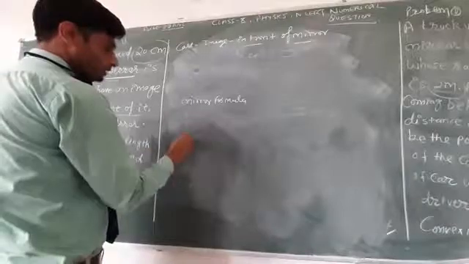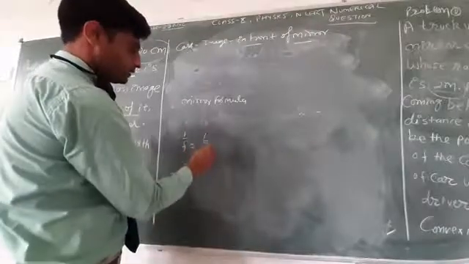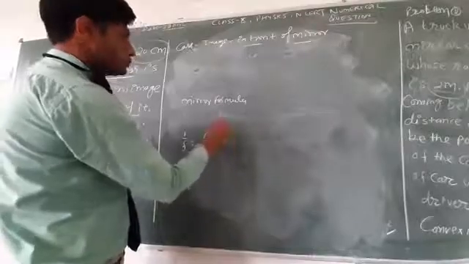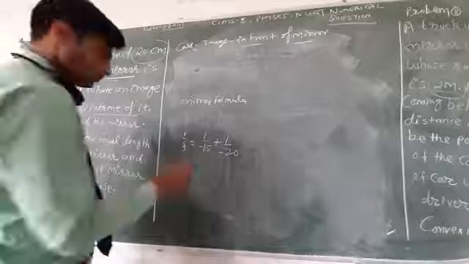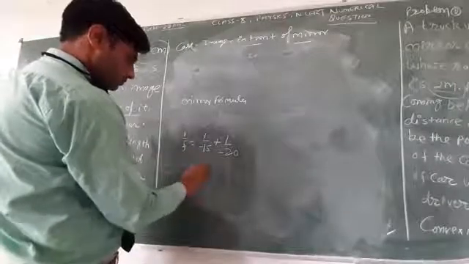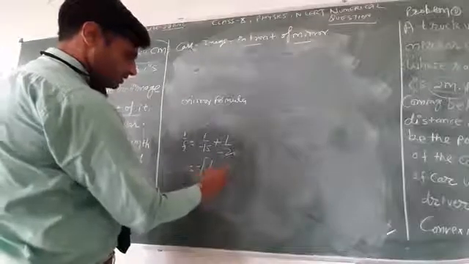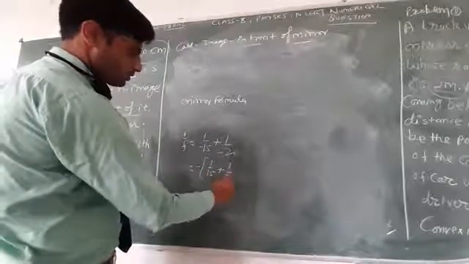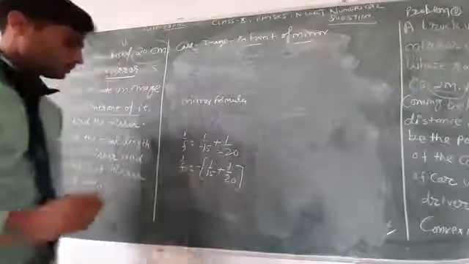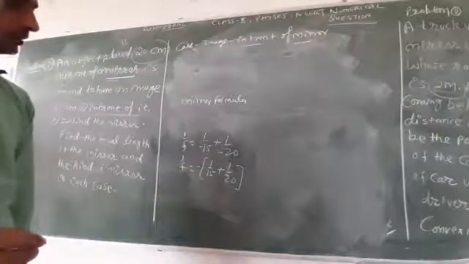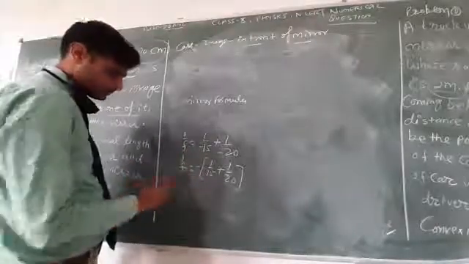So by putting the values, V is -15 and U is -20. So 1 upon F equal to minus 1 upon 15 plus 1 upon 20, by taking minus common.